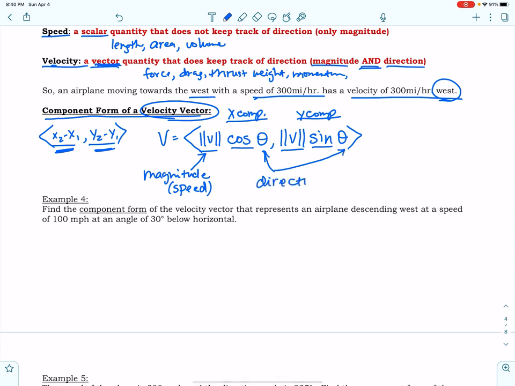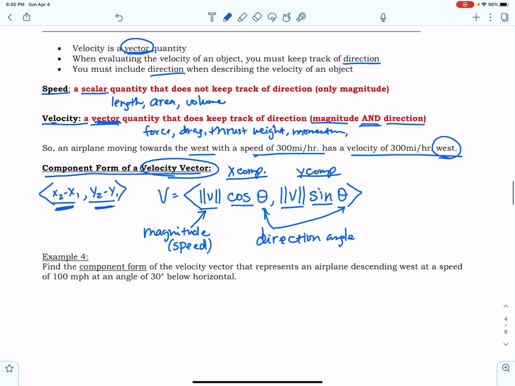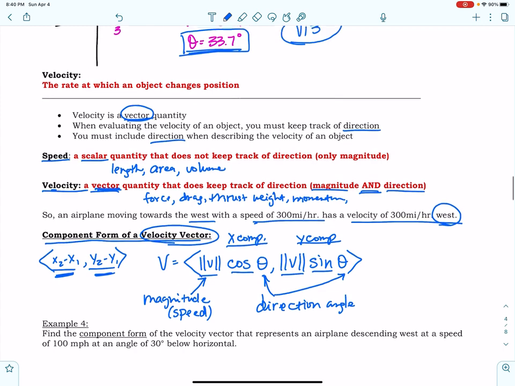That's why we had to learn about the direction angle. So these problems will take us a little bit more time because we have to find the direction angle and we have to know the speed in order to calculate the x and y component values of a velocity vector.